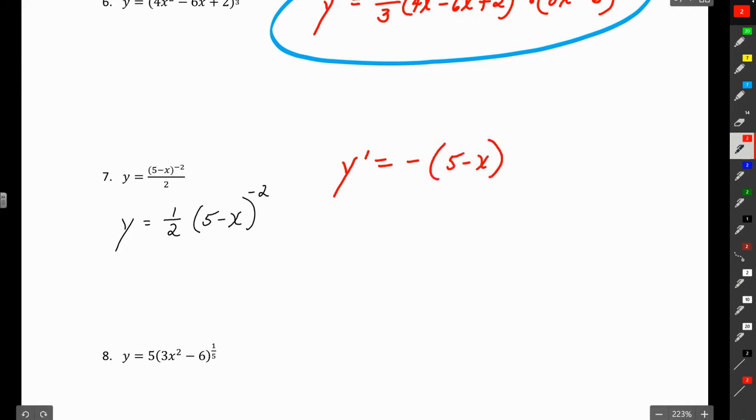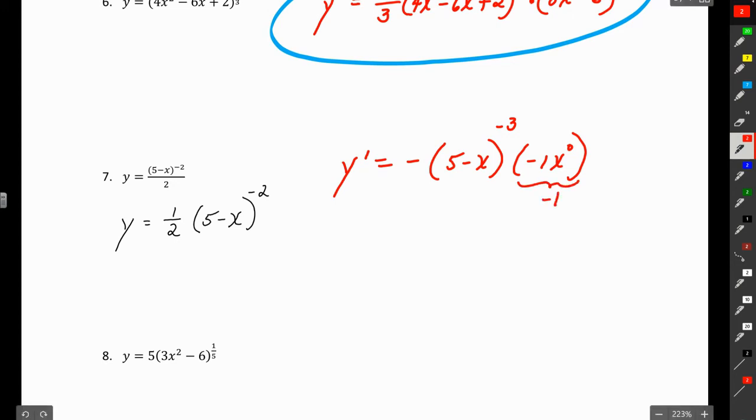Negative 2 minus 1, that's negative 3. And the derivative of the inside, so the derivative of 5 is just 0. And the derivative of negative x, that's going to be negative 1. And x to the 1 minus 1, that's just to the 0 power. Remember, anything to the 0 power is 1. So we end up with this term being just negative 1.